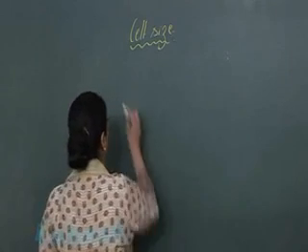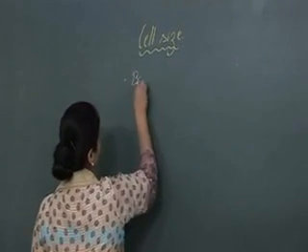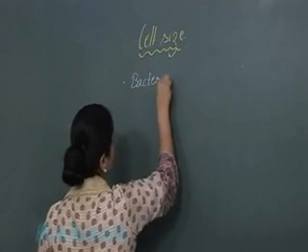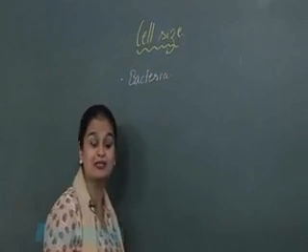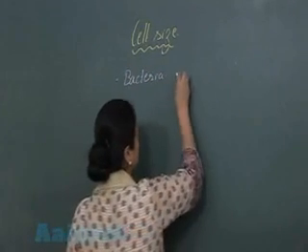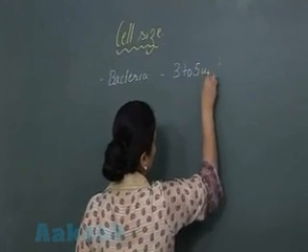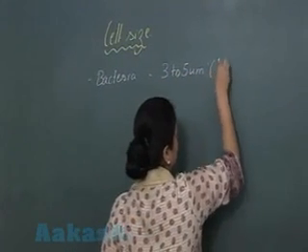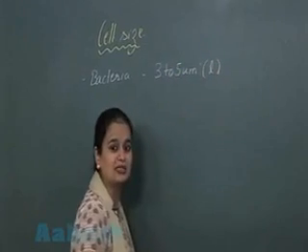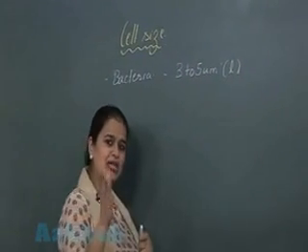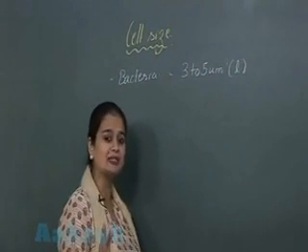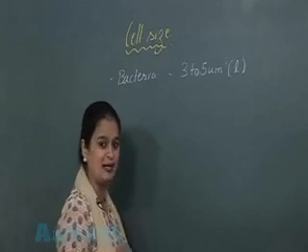So let's start with the cell size of bacteria. So bacterial cell size is ranging from 3 to 5 micrometer. So this is the length of bacteria. So you might be knowing that the smallest bacteria is Mycoplasma.